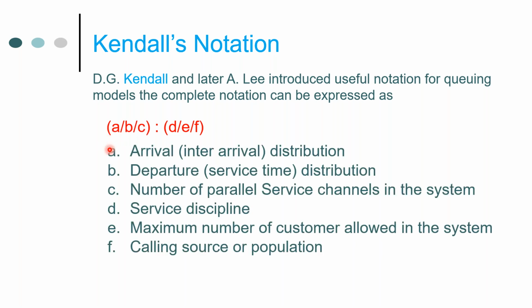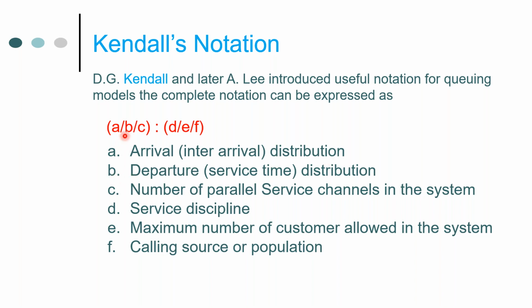A here represents your arrival distribution, whether it is Poisson, Erlangian, gamma inter-arrival, or whatever kind of distribution it is. For particular distributions there are some notations, so we'll see in the next slide. In general, A represents your arrival rate distribution, or you can also say the inter-arrival distribution.